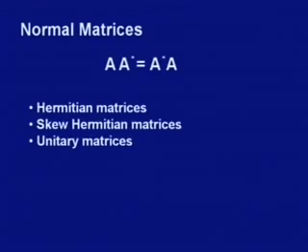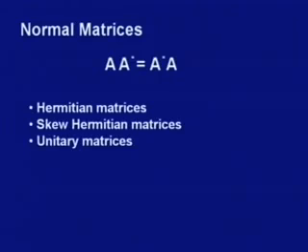So the examples of normal matrices: the Hermitian matrix. For a Hermitian matrix, what is A star? A star is the same as A. So basically A A star for a Hermitian matrix is A square, and we know whether we post multiply or pre multiply, the result is the same. So Hermitian matrices are normal matrices.